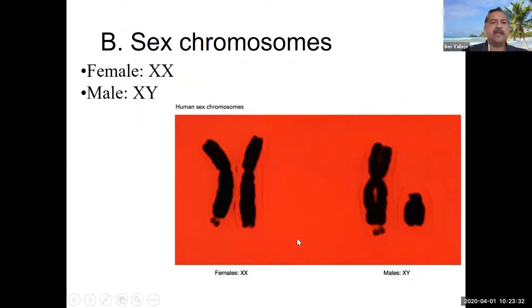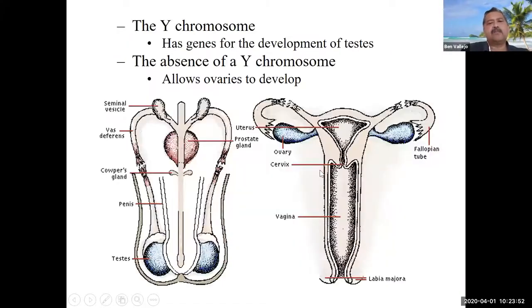Those are called the sex chromosomes. If you have a Y, you're a male. So this is the 23rd chromosome for male. This is the homologs of the 23rd chromosome for female. This is XX, this is XY. And Y is much smaller.